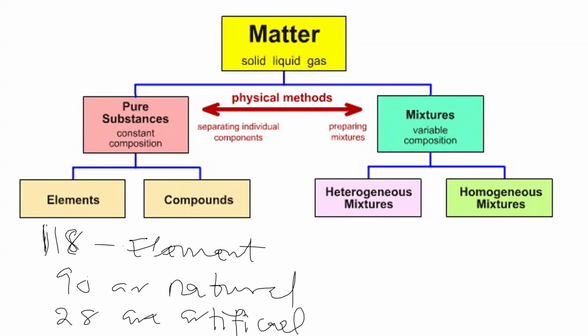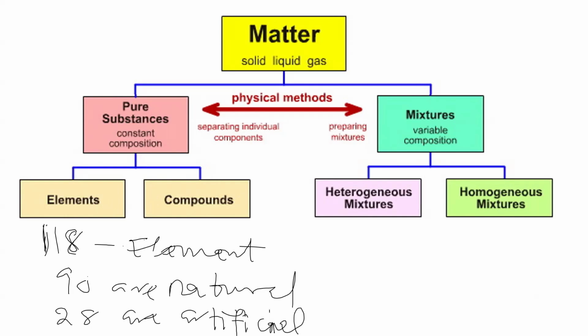When we say they are artificial, it means that they are made in the laboratory by scientists, like mendelevium, an element named after Dmitri Mendeleev. So 90 of these elements are naturally occurring, while 28 are artificial.